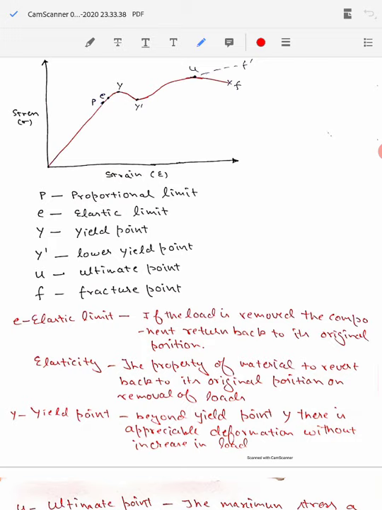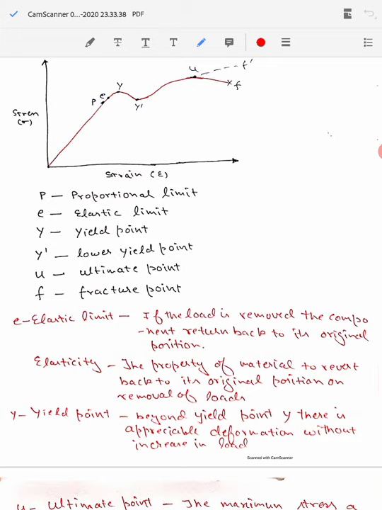There will not be any residual deformation left after the removal of load. The property of the material associated with this elastic point is termed elasticity, which is the property of a material to revert back to its original position on the removal of loads.